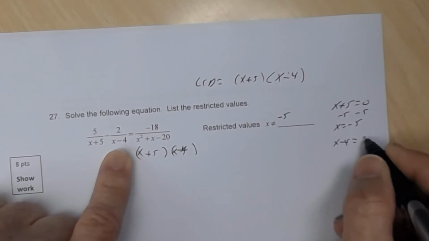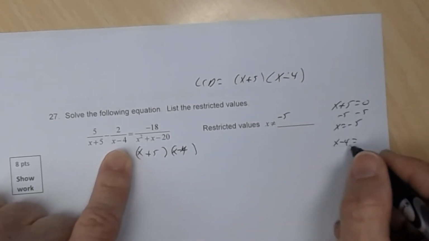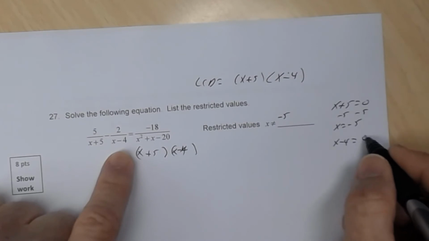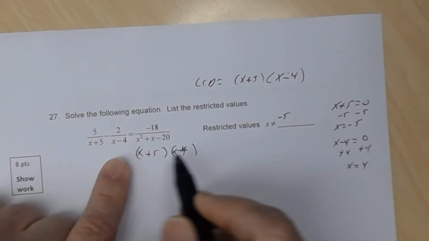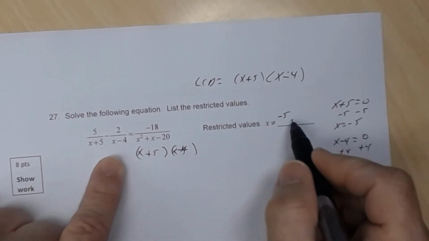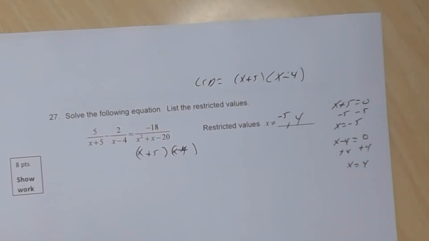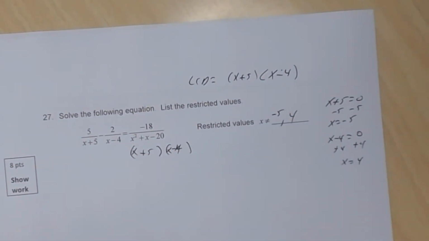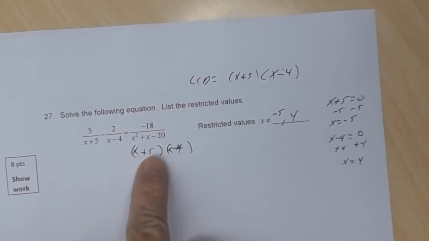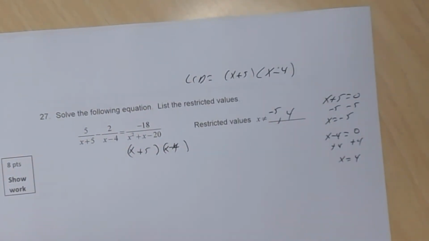What x makes this denominator 0? You add 4 to both sides, and so x is 4 is where this is 0. So you can't have 4 either. So your restricted values are x cannot be negative 5 and x cannot be 4. And over here, those are the same ones. You set each one equal to 0, and you're going to get these numbers also.